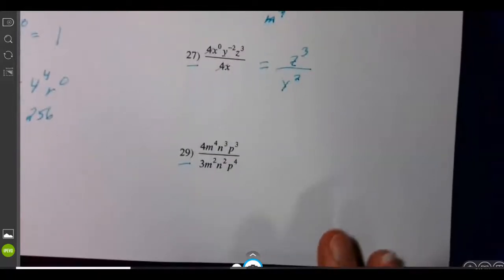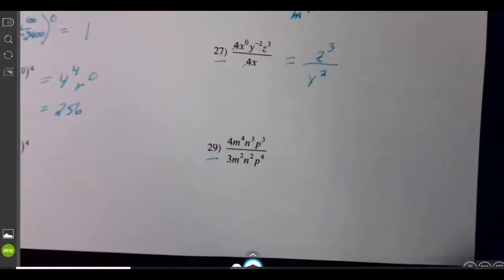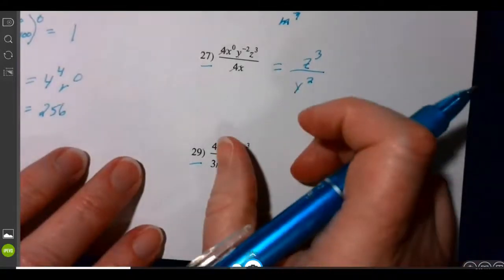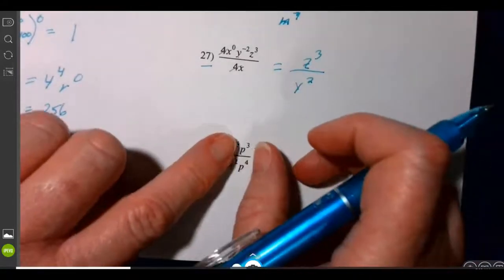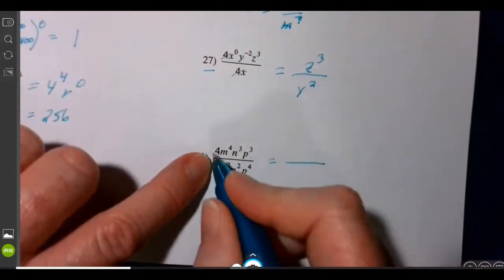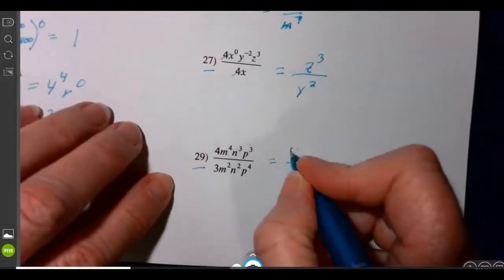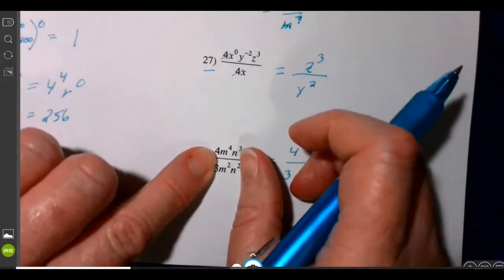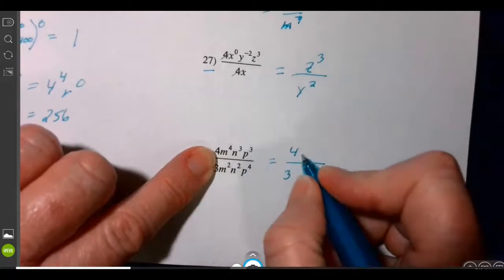Number 29 was the next one I was going to do. On 29, again, treat it like you have 1, 2, 3, 4 problems. So 4 over 3, they don't cancel each other out. They just hang out. Can't do anything with them. Look at the m's. Where is it bigger, top or bottom? It's bigger in the top, so it's going to end up in the top.